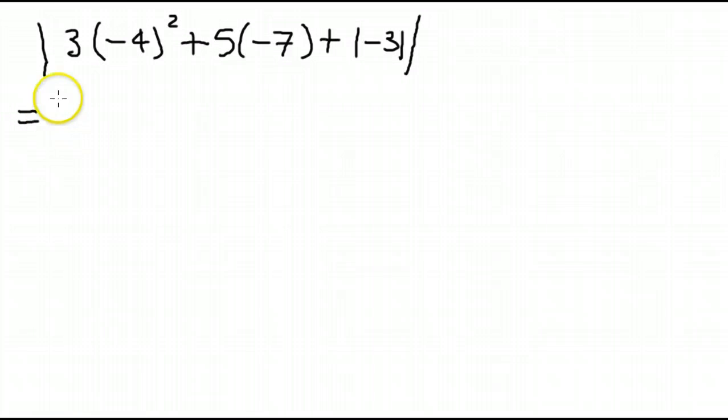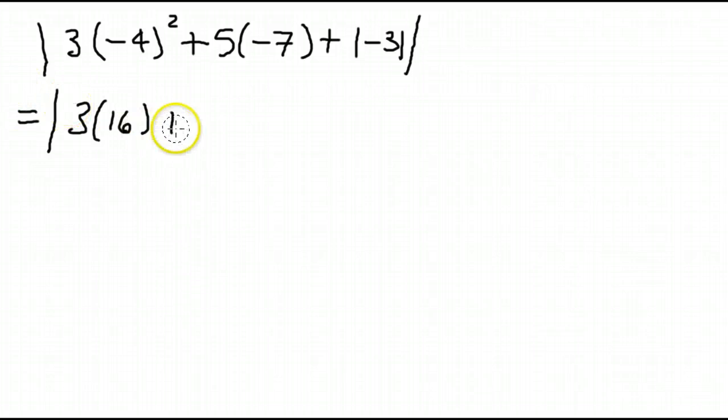Okay, how about an expression like this? We have the absolute value, and the bars pair up, so this bar pairing up with this bar, of 3 times -4 quantity squared plus 5 times -7 plus the absolute value of -3. So all we do is we treat everything like brackets. So it's the absolute value of 3 times -4 squared, which is +16. Plus 5 times -7.